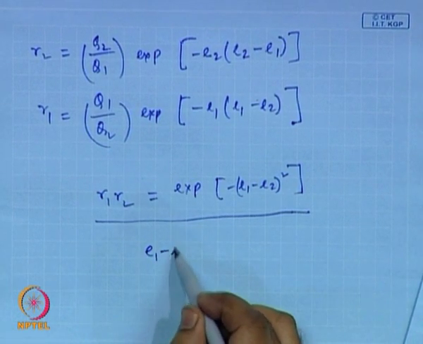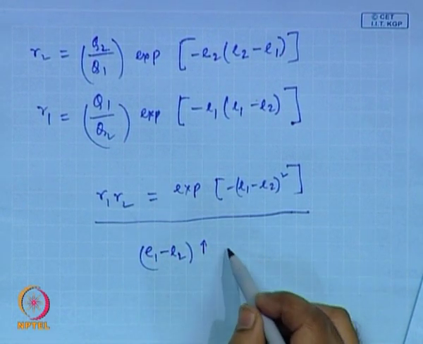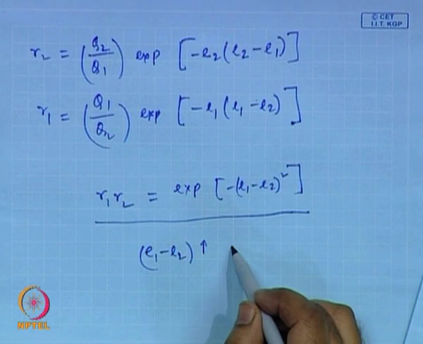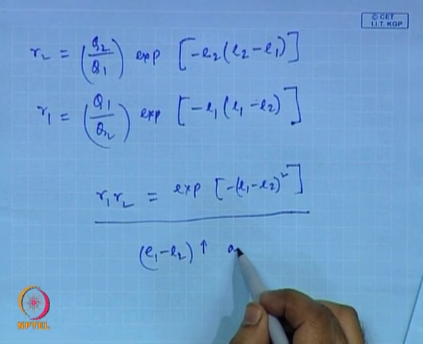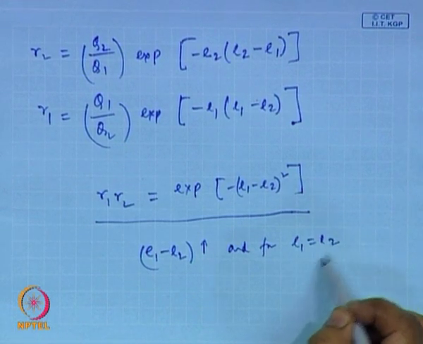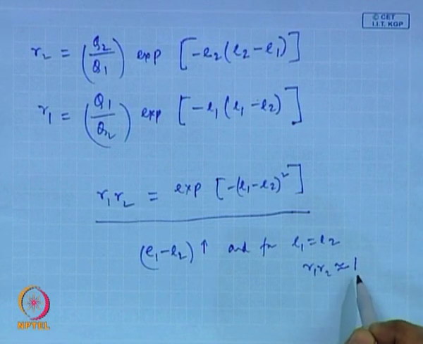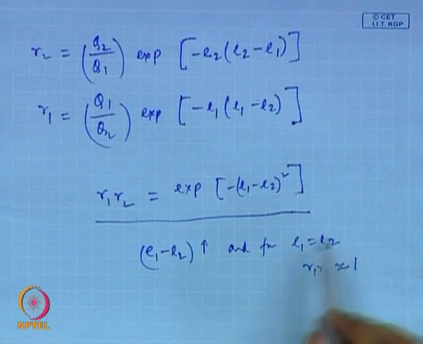So, if E1 minus E2 goes up, then it will be an extreme. For E1 equal to E2, we will get R1R2 close to 1, which will give ideal copolymerization as we expect.